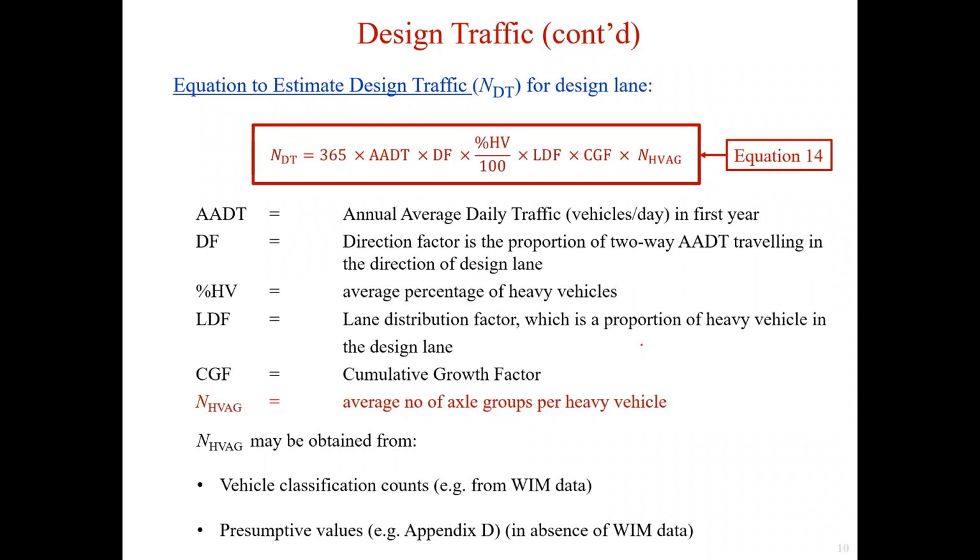The average number of actual groups per heavy vehicle, NHVAG, could be obtained from vehicle classification codes from the WIM data, or if the WIM data is not available, then the presumptive values could be used.